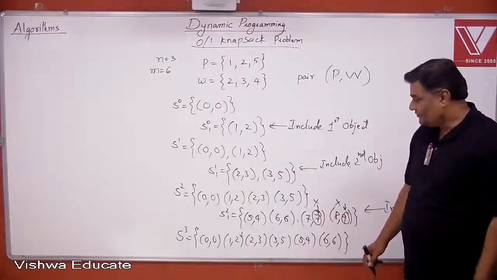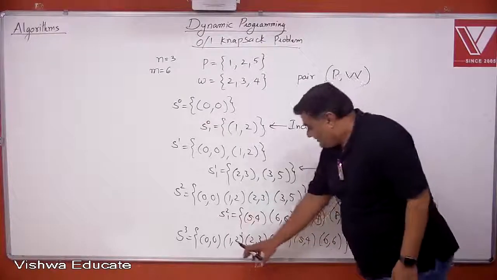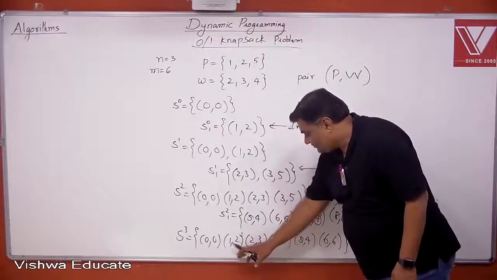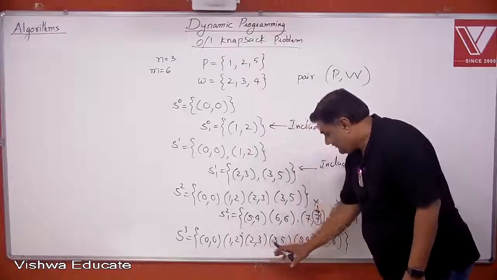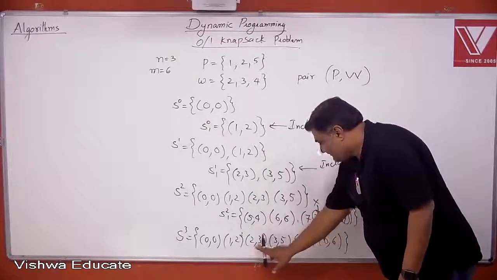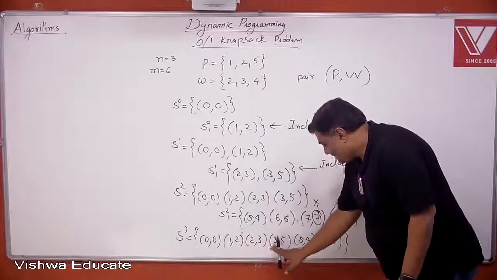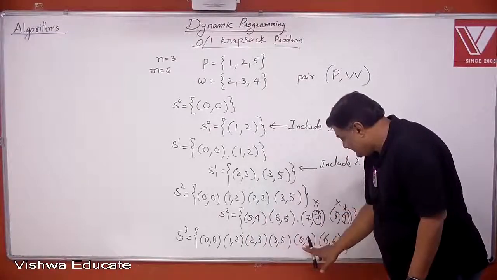Now one more thing I will show you. Profit 1, weight 2. Profit is increased from 1 to 2, and weight is also increased. Profit is increased from 2 to 3, weight is also increased. Suppose profit is increased but weight is decreased.